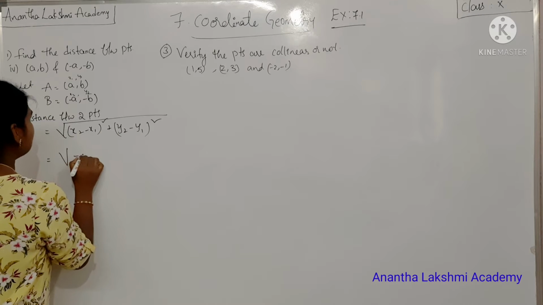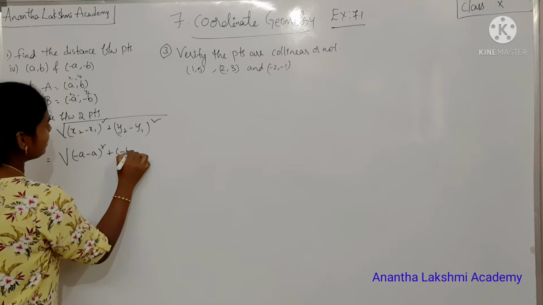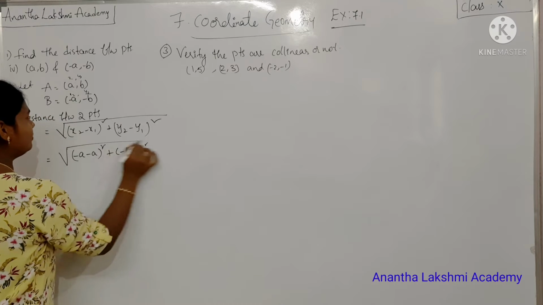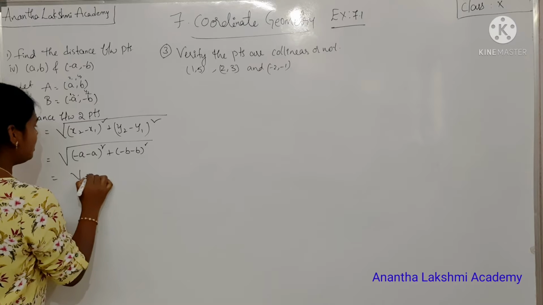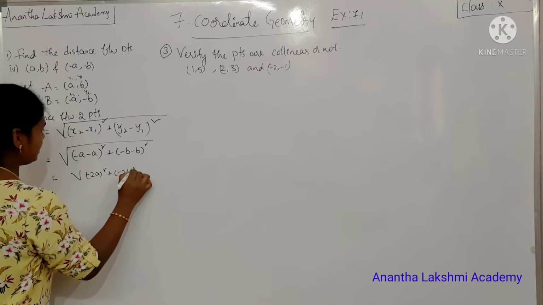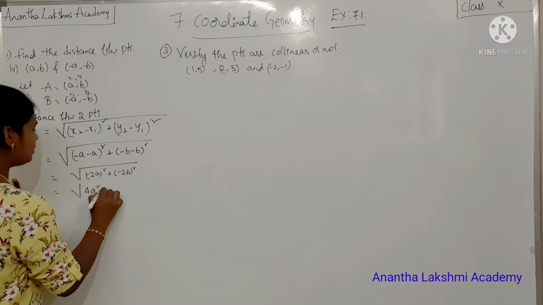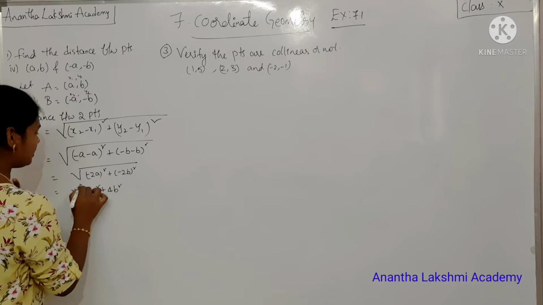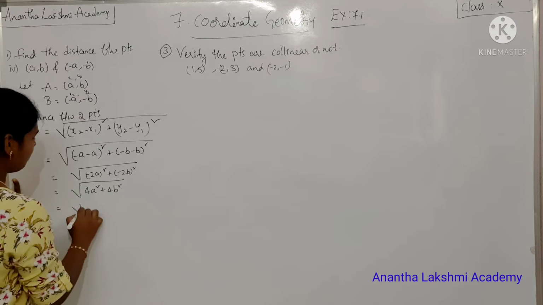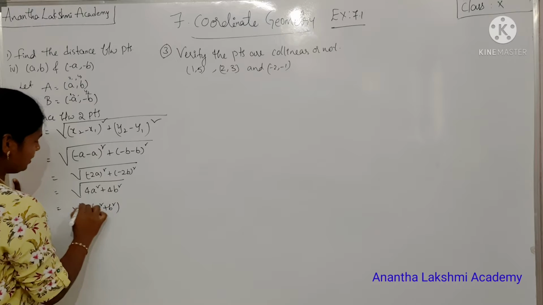That is nothing but (-a minus a) whole square plus (-b minus b) whole square. That is going to be (-2a) whole square plus (-2b) whole square, which is 4a square plus 4b square under root. If I take 4 common, this is going to be 4 times (a square plus b square) under root.